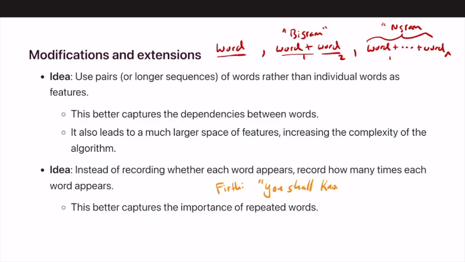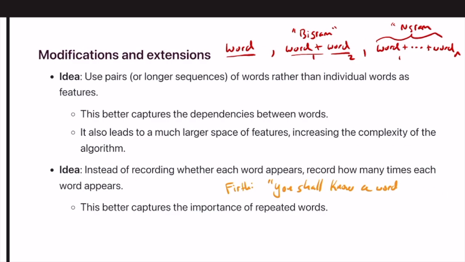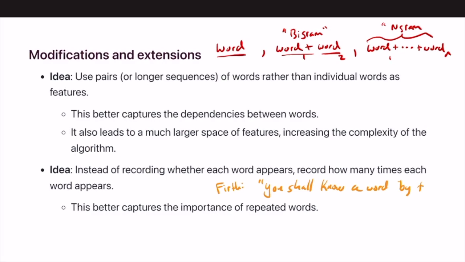You shall know a word's, maybe it was meaning or definition, or I think it's just that you shall know a word by the company it keeps. I think that's it. You shall know a word by the company it keeps. Yeah, John Firth.